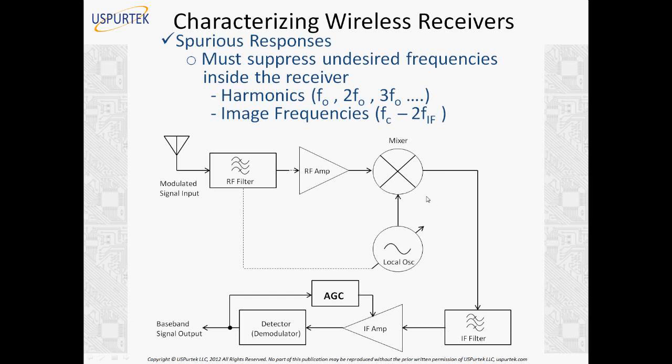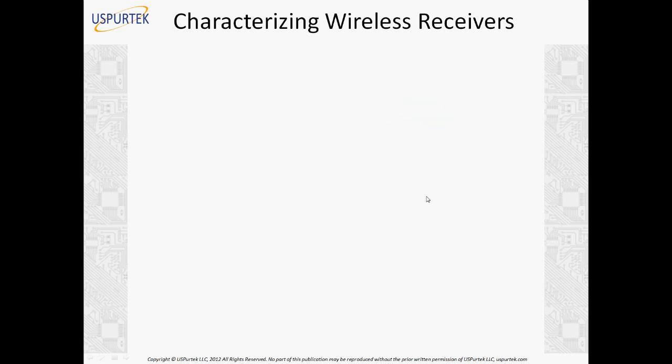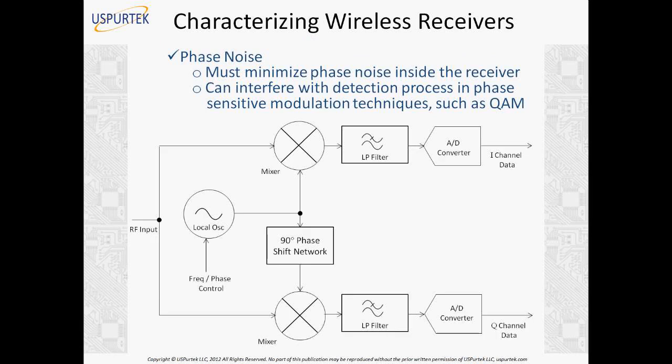Now, phase noise. When the signal propagates through space, or even when it travels through the RF filters and so on, there could be a change in phase. That is called phase noise. Now, phase noise becomes important for digital modulation techniques like QAM, quadrature amplitude modulation, which is used in wireless LANs, in LTE, and so many other wireless broadband technologies.